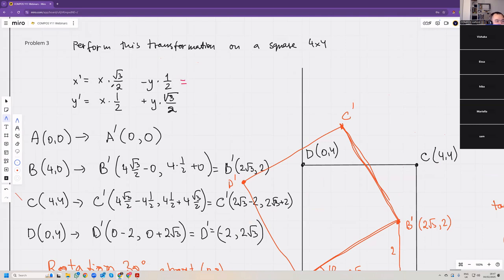This is cos 30. So x multiplied by cos 30 degrees minus y multiplied by sine 30 degrees equals x multiplied by sine 30 degrees plus y multiplied by cos 30 degrees.